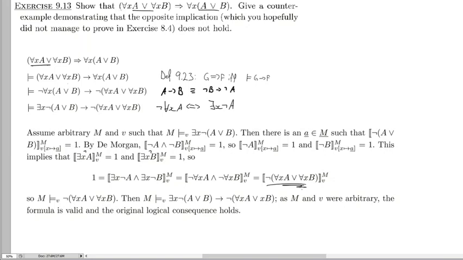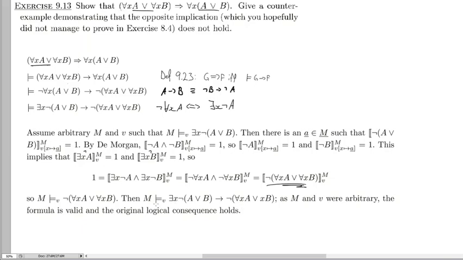And since this is true, it is satisfied under M. So, since it's satisfied under M, the existence of x negation of (A or B) implies the negation of (for all x A or for all x B) is also satisfied under M and v.